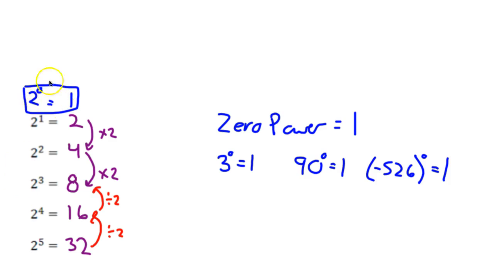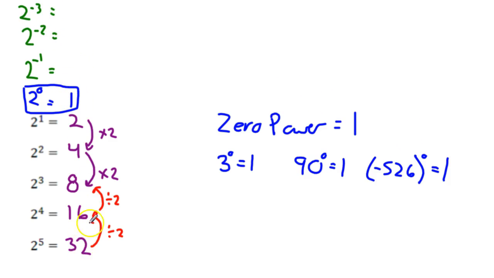Do you feel like getting crazy? I do. So let's continue this pattern. Let's go back a little bit more. If I continue, I would have 2 to the negative 1, and then 2 to the negative 2, and I can even fit in 2 to the negative 3. So what are all these going to equal?